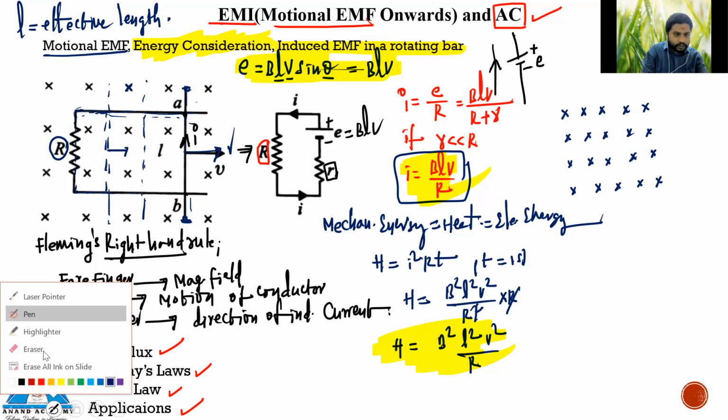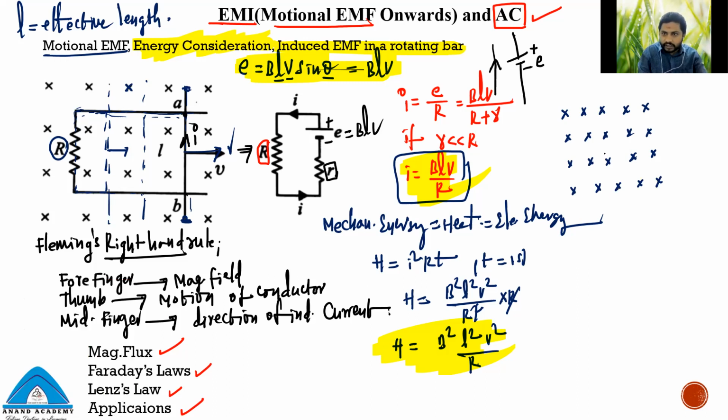Now, there is a fixed point here. There is a rod rotating in this magnetic field. So the linear velocity of this is V. This is the fixed point O, and the other end is A. O is fixed here.